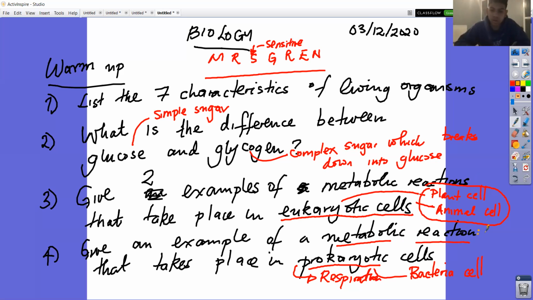Metabolic reactions are all the chemical reactions, to be very precise, that take place in cells and aid that organism to live. That is what we mean by metabolic reactions.